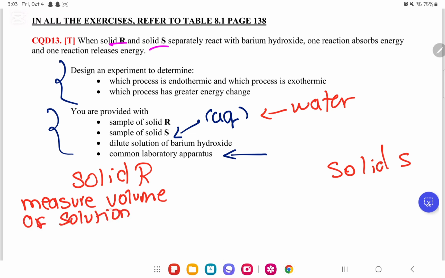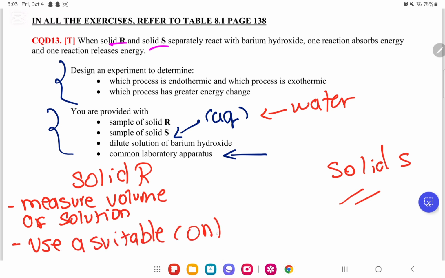So we need to measure the volume of our dilute solution of barium hydroxide. This goes for both of them. So this means the same thing. All right? Second step, we're gonna use a suitable container. Same here.